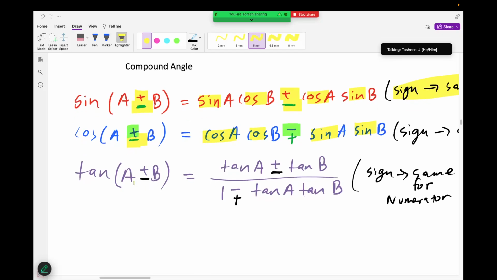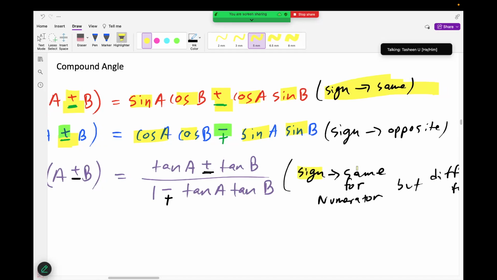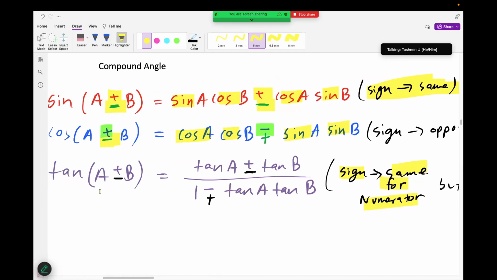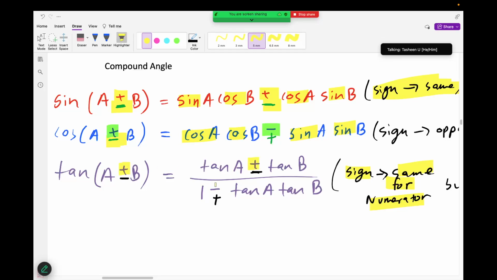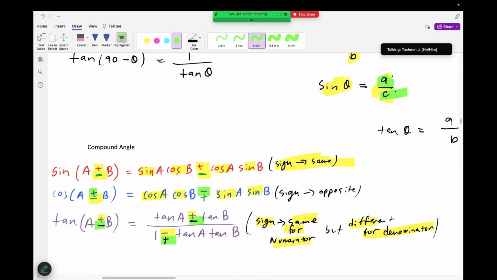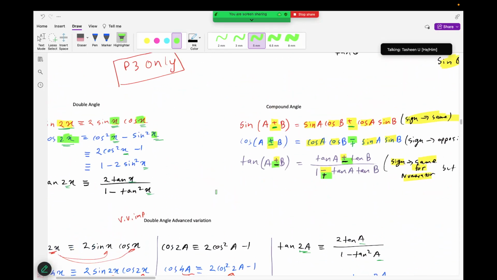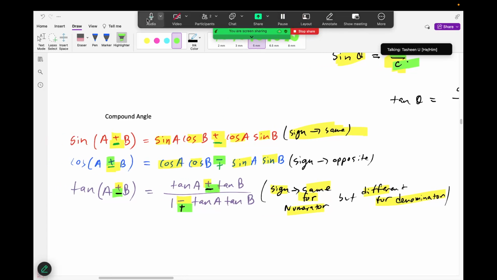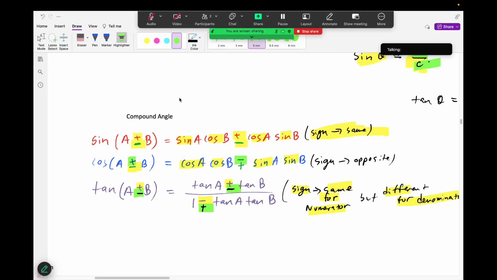Now we move on to tan a plus b, which is tan a plus tan b over 1 minus tan a tan b. The sign stays the same for the numerator but is different for the denominator, which means if you have positive here, we will have positive here but negative here, and if you have negative here, we have negative here but positive here. So this is what we call the compound angle formula. Please confirm that you have understood everything. Yes, I did.